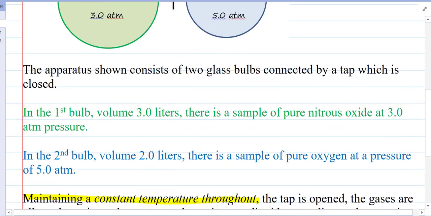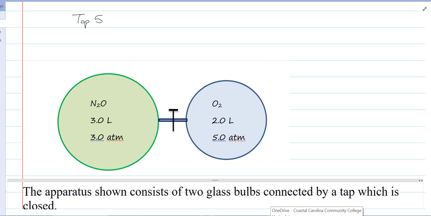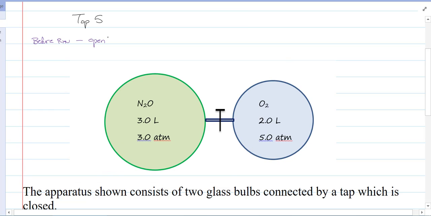So first, what happens? Well, we have a before the reaction, but once we open the tap, what happens? The gases mix. N2O can come through and go into the O2, and O2 can come into the N2O. So we have a volume change.